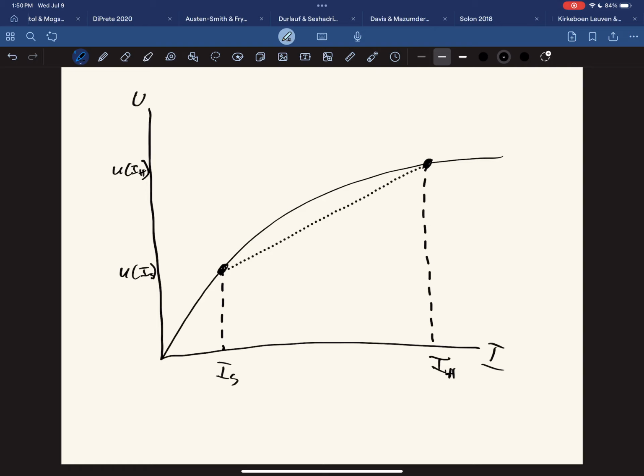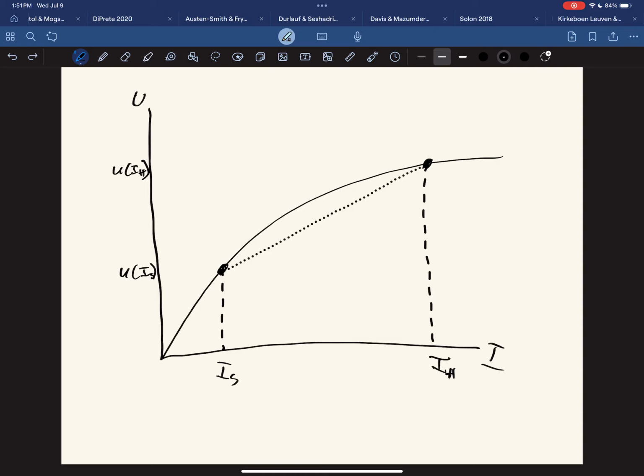So what's my expected utility for a given probability P? It's going to be somewhere on this line, because I take a weighted average of these two. Let's say there's a 25% chance I get sick.